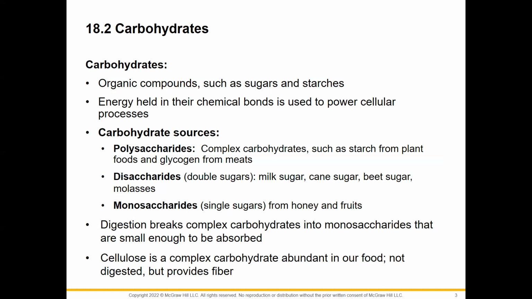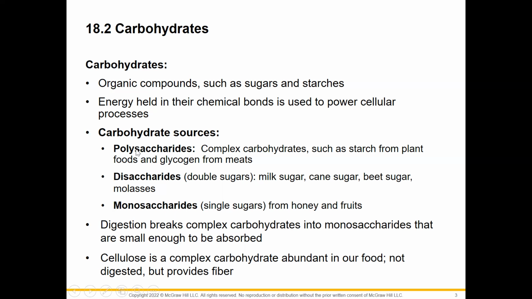Sources of carbohydrates. There are several different types and categories of carbohydrates that help to give us energy. They're put together differently depending on where they're from, what they are, and what they're used for. So polysaccharides: remember, poly means many, di means two, mono means one.